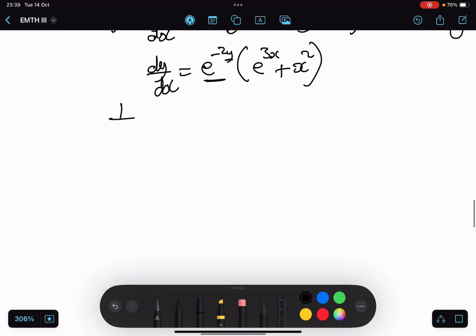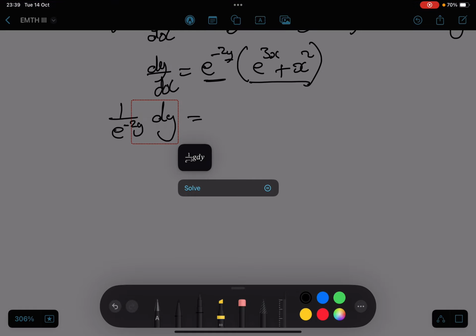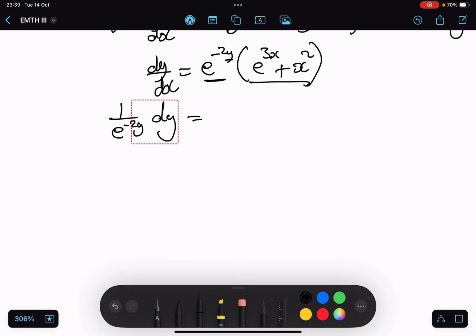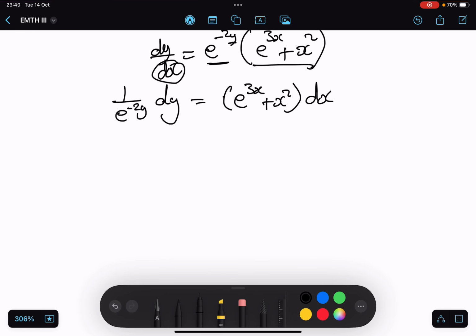So we're going to have 1 over e^(-2y) dy, and we'll be left with e^(3x) plus x squared, multiplied by dx.